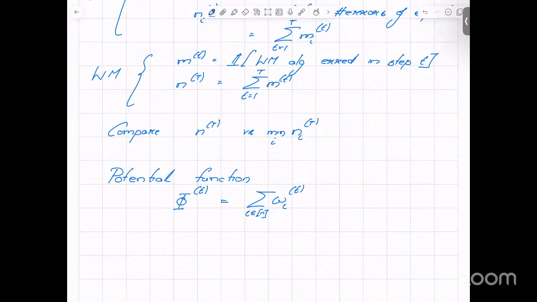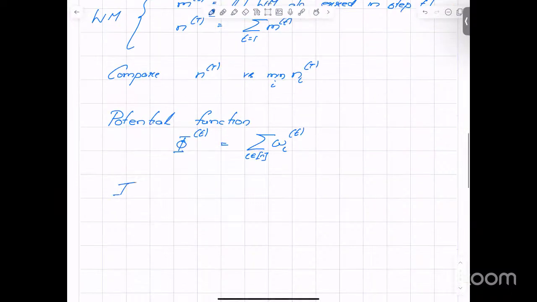And let's ask how this changes over time. So what is it to begin with? Initially each w_i^1 is 1, hence phi^1 is n.